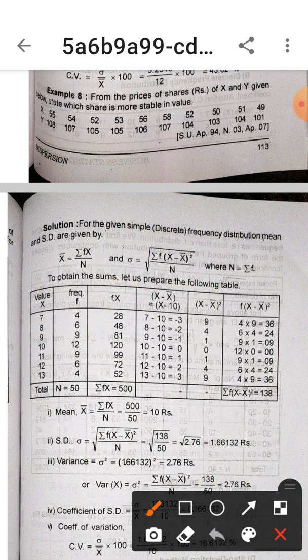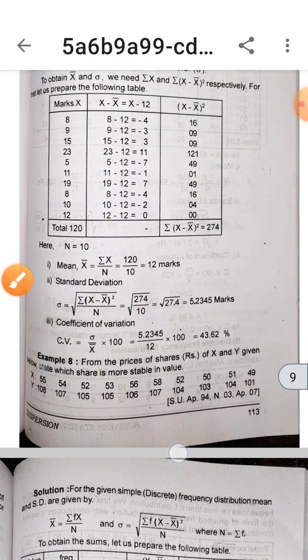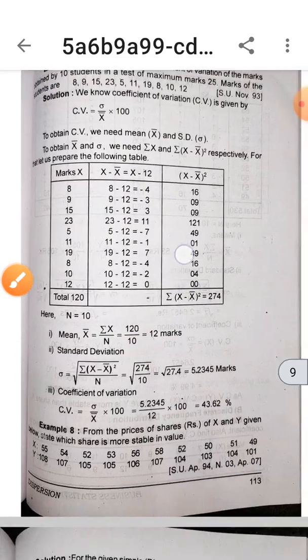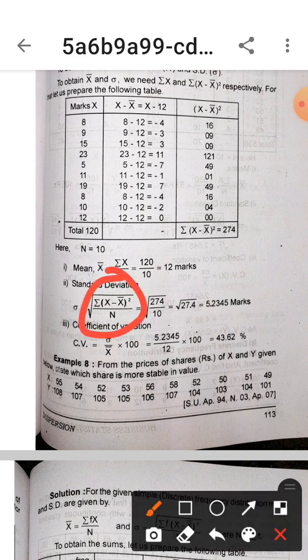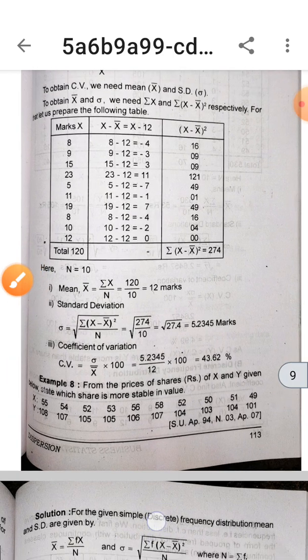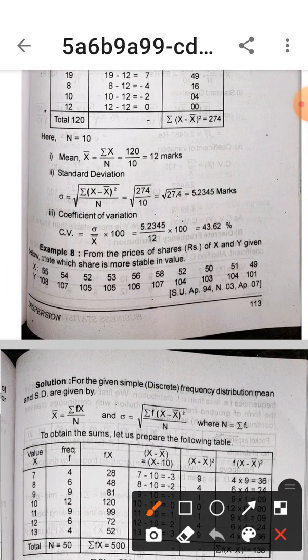This formula, Okay, in this format. Okay, x minus x bar upon n. Okay, just multiply by f in discrete distribution, just multiply by f. Therefore you have to just add one column in the calculation table.